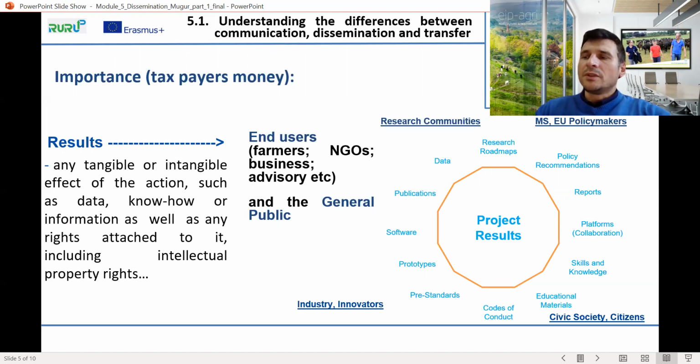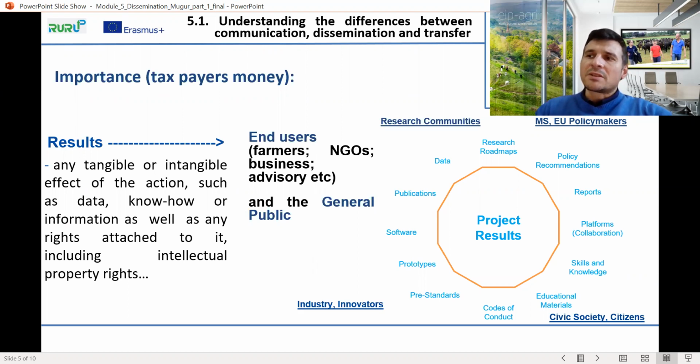They are also defined under the broad term of agricultural knowledge and innovation system. As you can see, there is a broad range of possible project results. Some of them also have property rights, like software, prototypes, data, and so on. But others, like educational material, policy recommendations, research roadmaps, can be used without property rights.